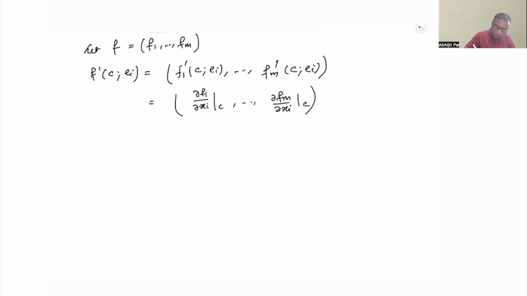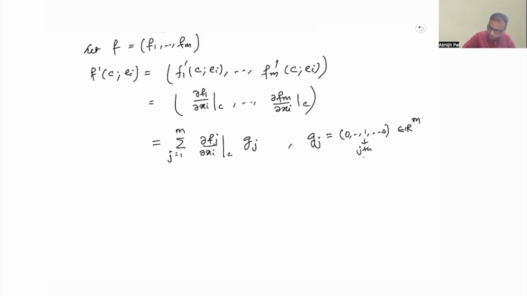So this again you can write as this linear combination, where this ej is the jth coordinate vector in Rm, so it has 1 in the jth position.